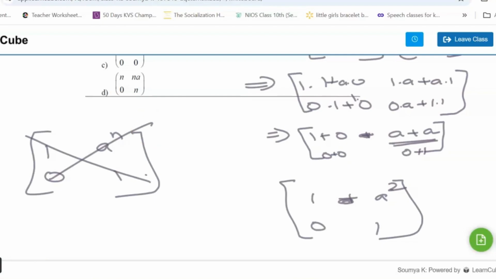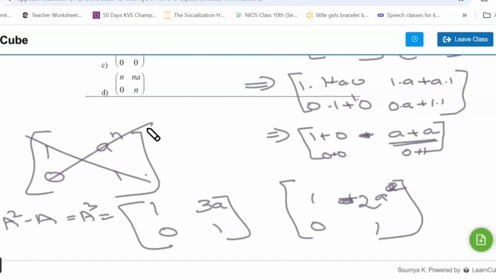It won't be A square, it will be 2A. So similarly, when you arrive at the solution, it will be 1, 3A, 0, 1 for A cube. Okay, if you solve it, you will find A square into A, that is A cube, will give you this result. And if it is A raised to N, it will be 1, N into A, 0, 1.